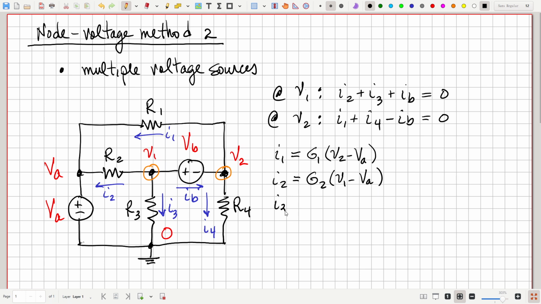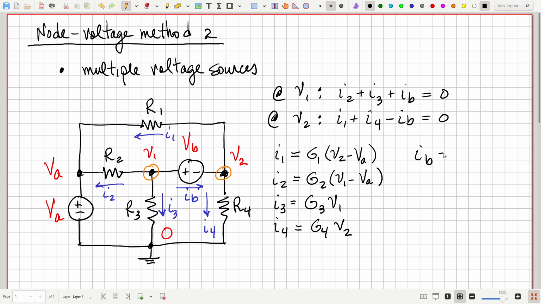I3, 1 over R3, or G3, times the voltage drop V1 minus 0, so that's just V1. And I4, 1 over R4, which is G4, times V2 minus 0, so just times V2. Great, so there's I1, 2, 3, and 4, but what about IB?